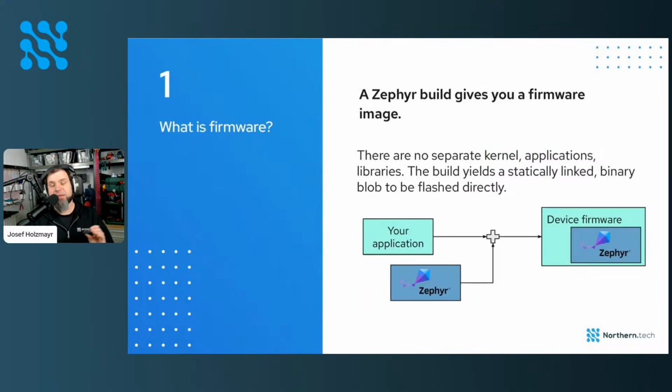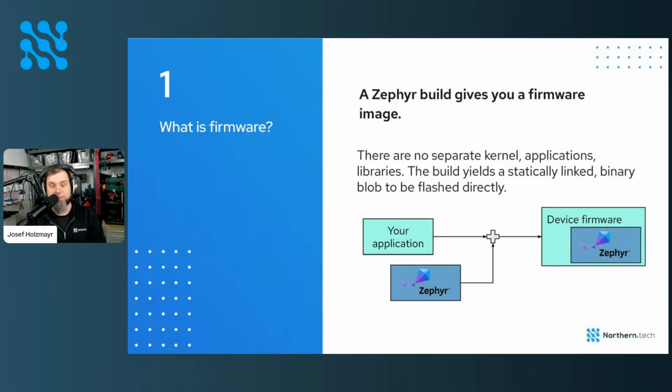The one big thing that is different when you build for MCUs, like you do with Zephyr, as opposed to Linux, is that you do not build this executable and this kernel and this file system or whatever. If you're building for an MCU class thing, then you usually have your application code plus whatever RTOS or libraries you want to use for that. You compile all of this and it goes into a singular blob, a binary image. You can call it whatever you want.